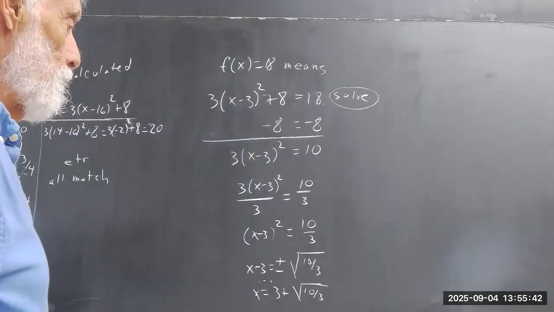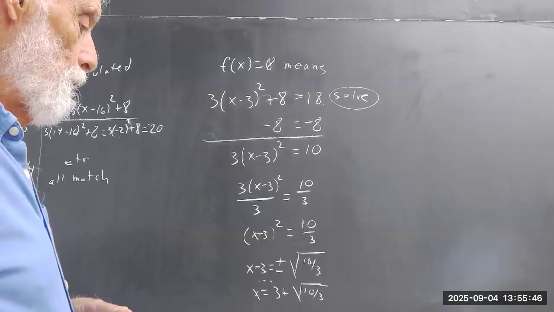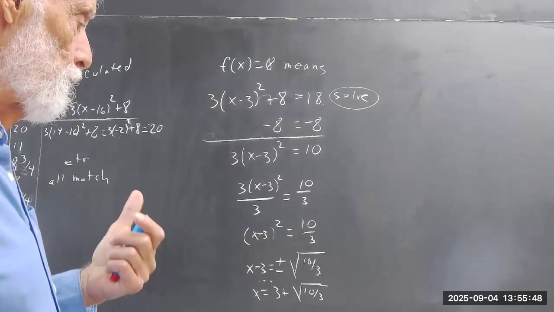Well, 10 thirds is 3.33. The square root of 3.24 is 1.8.